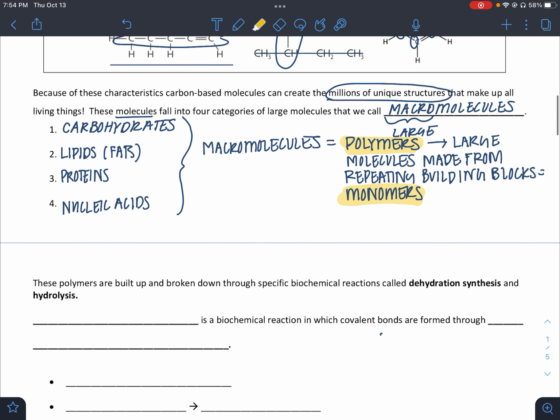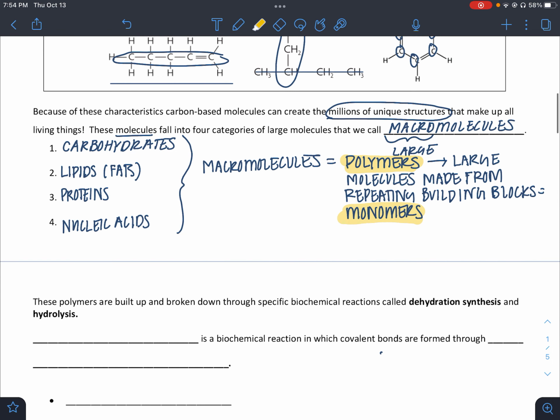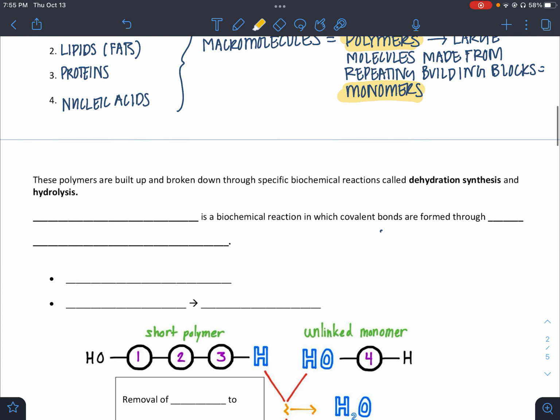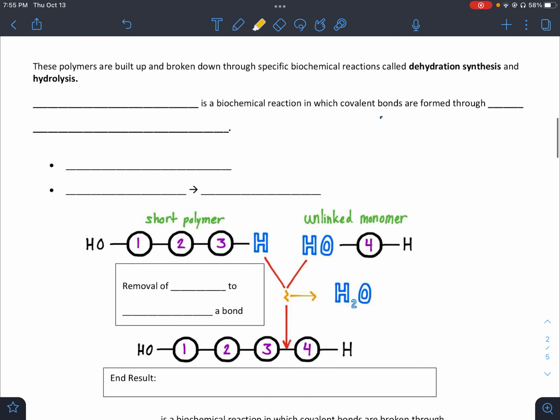So how do we build up and break down these macromolecules, these polymers? We have two different biochemical reactions that we use to either build these molecules or break them down. One is called dehydration synthesis, the first super important chemical reaction you need to know.